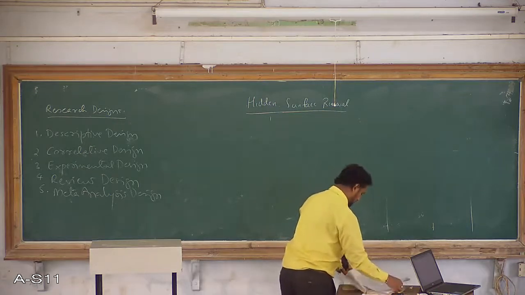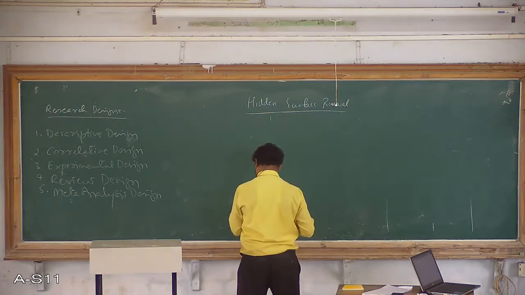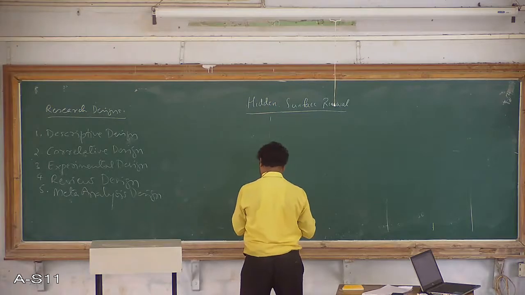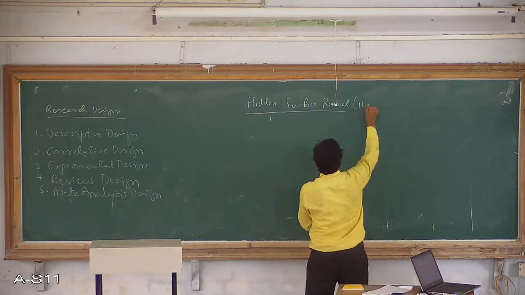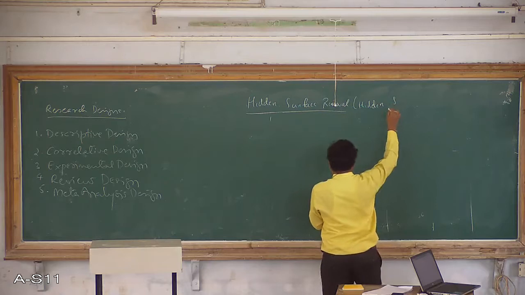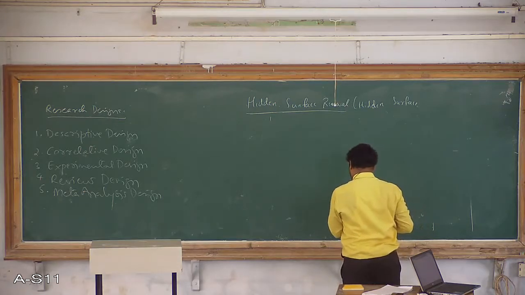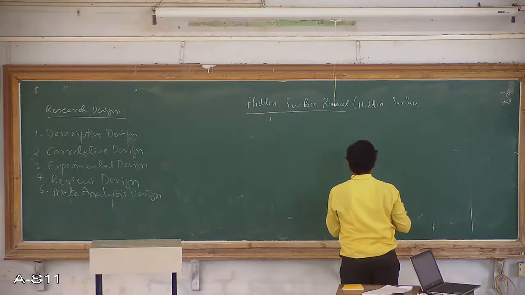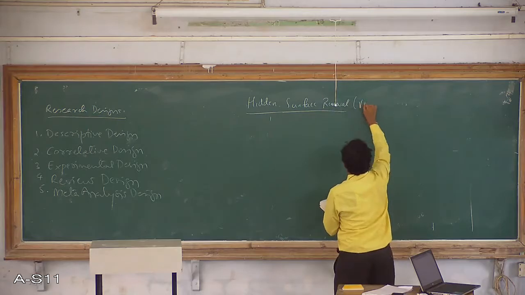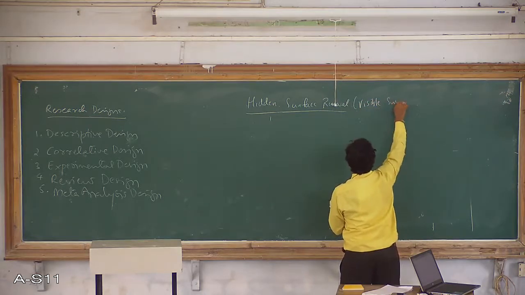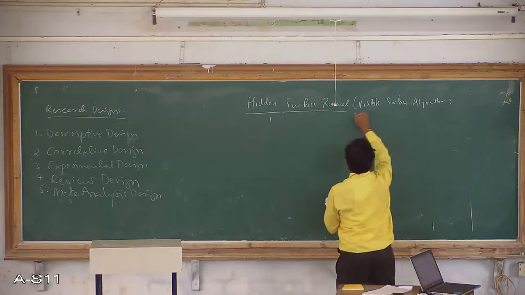There are two types here that I can specify. Hidden surface removal is also called the hidden surface removal algorithm, or I can say this as the visible surface algorithm also.